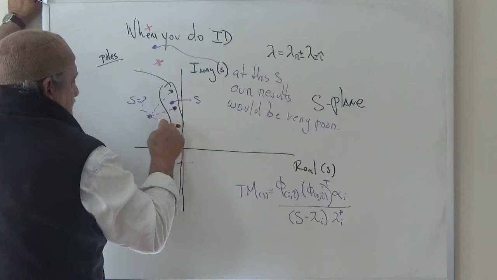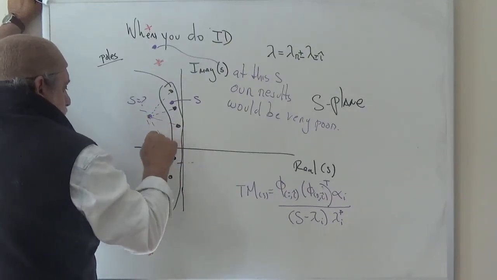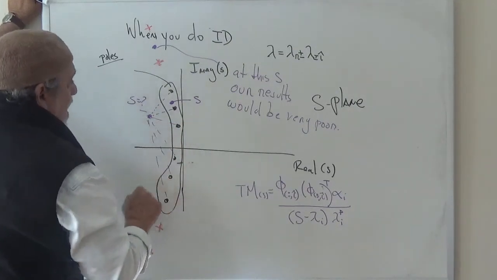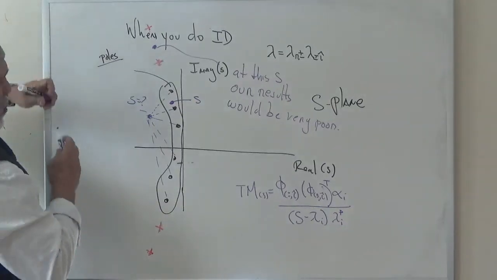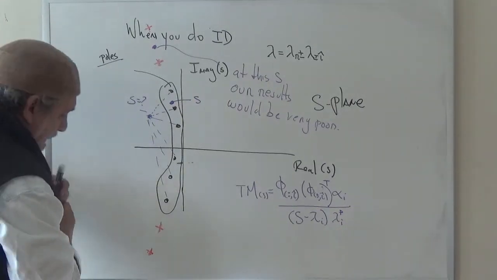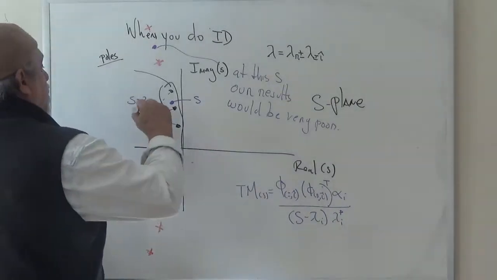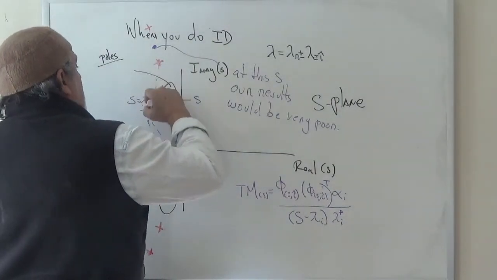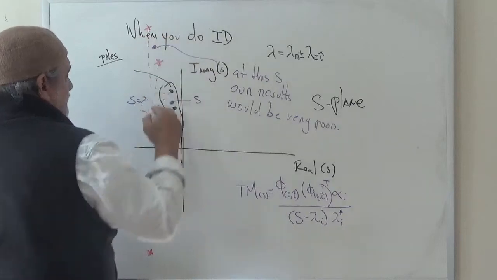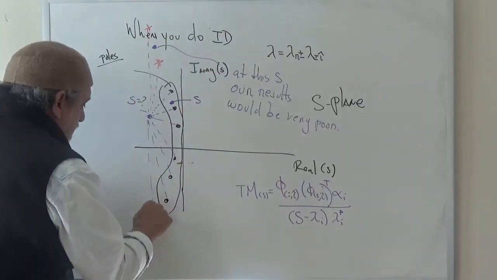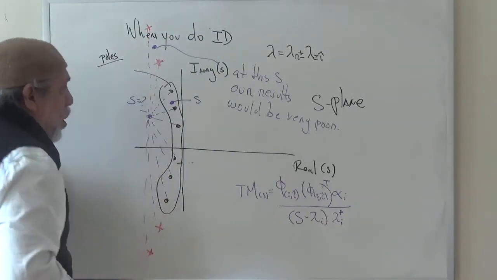So these are the distances to the poles that we actually have. And then there are the distances to the poles that we don't have. We don't know where they are, but they exist, right? So there is a distance of this to this, and to this, and to this, right?